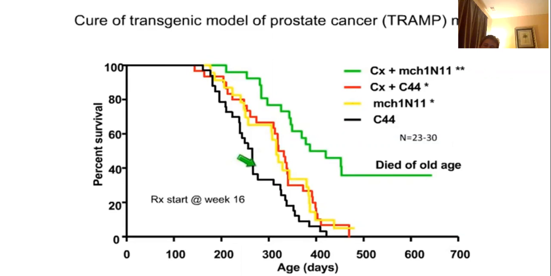Another example is engineered mice with prostatic cancer. One of the ways we treat prostatic cancer is by castration, orchidectomy, so we decrease the androgens.